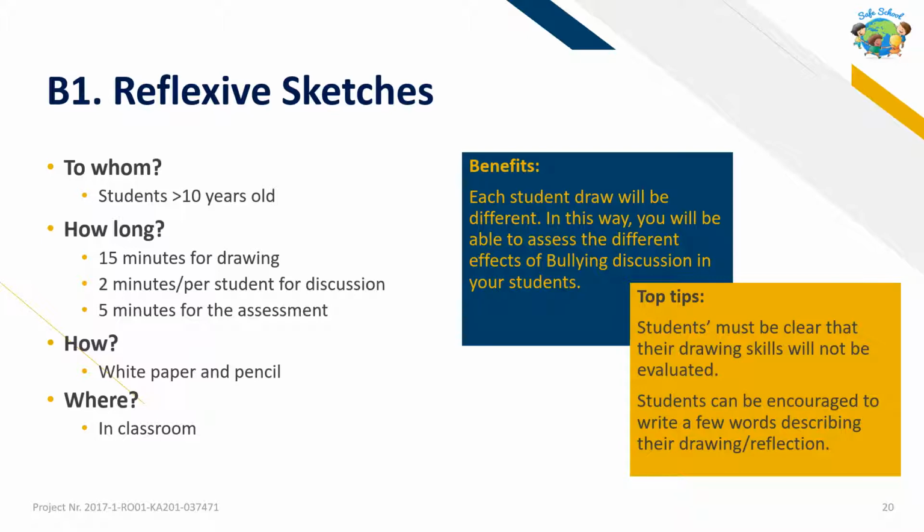This can also be a fun, unique and creative way not only to involve our students, but also to have them reflecting about a specific situation, for instance, an imminent bullying case. However, in order for this activity to work well, it's important that they clearly understand that their drawing skills are not being evaluated.